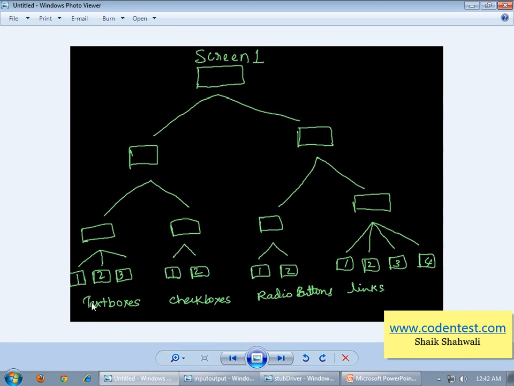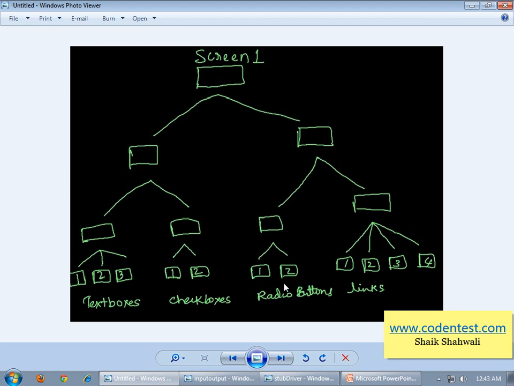in our case we are combining 3 similar fields, that is 3 text boxes, and forming a larger component and testing it. Here we are combining 2 check boxes and forming a larger component and testing it.